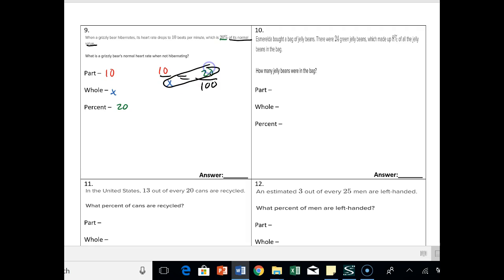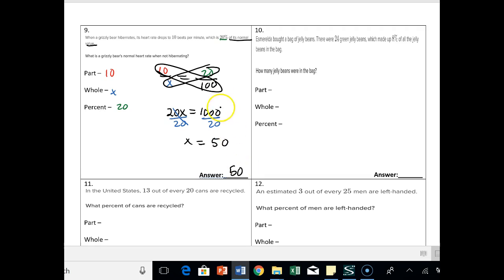Cross multiply, 20 times x is 20x. 10 times 100 is 1,000. Go ahead and divide both sides by 20. And you get your answer of x is equal to 50. So its normal heart rate is 50 beats per minute.